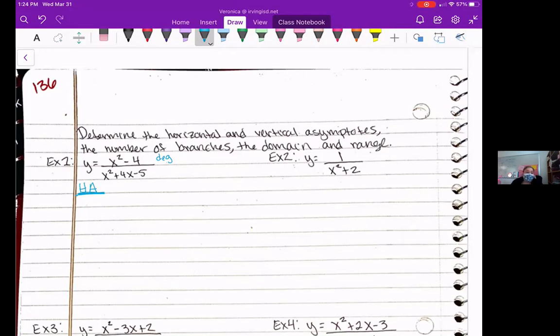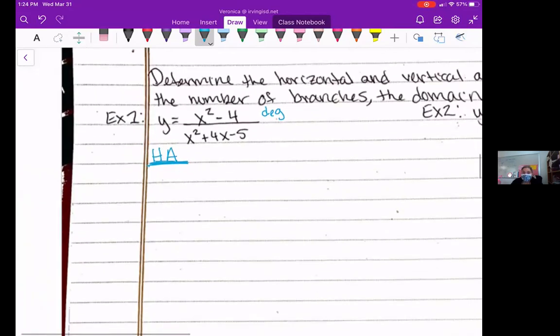What is the highest exponent we have? Thank you, Edie. It is 2. So the degree of the numerator is 2.